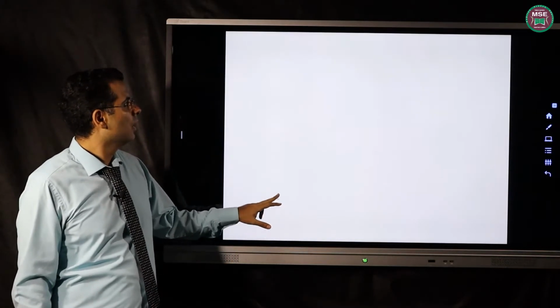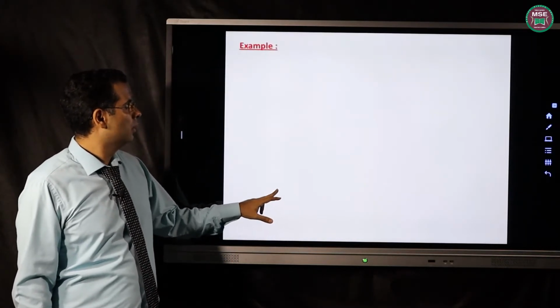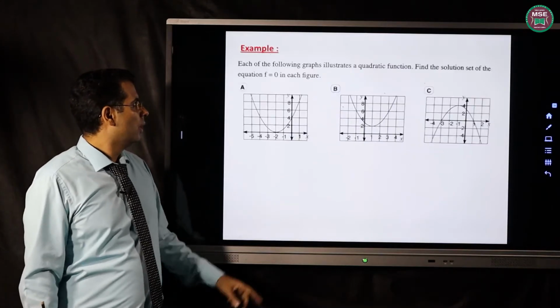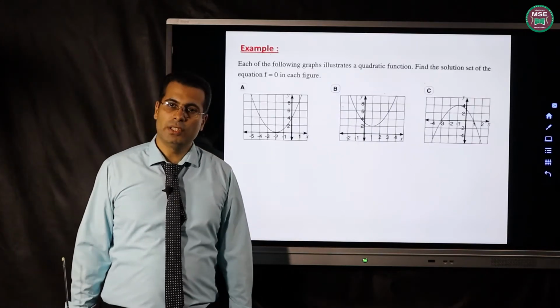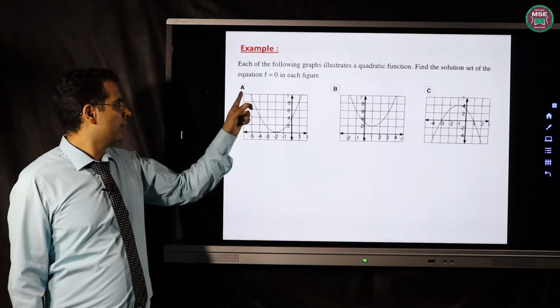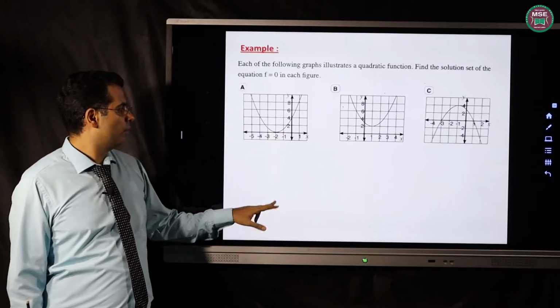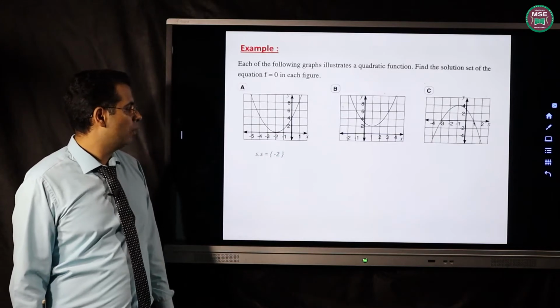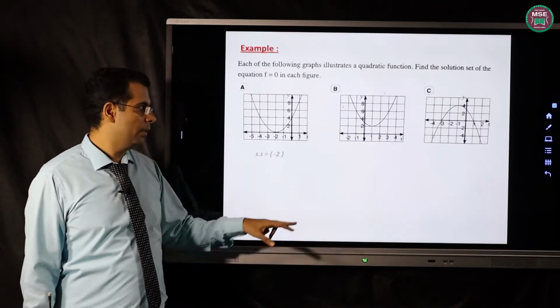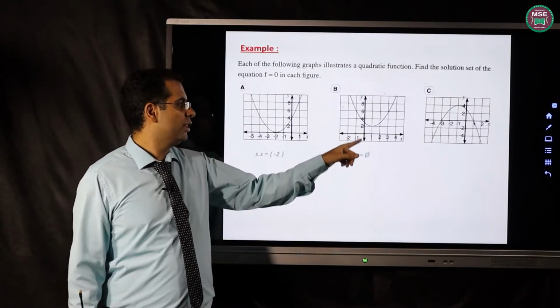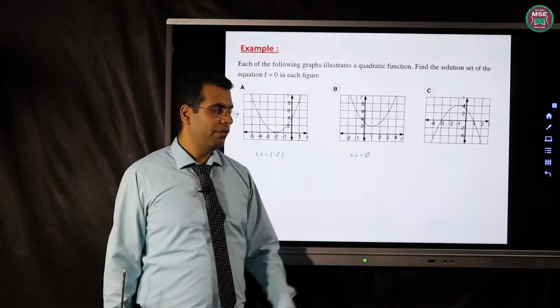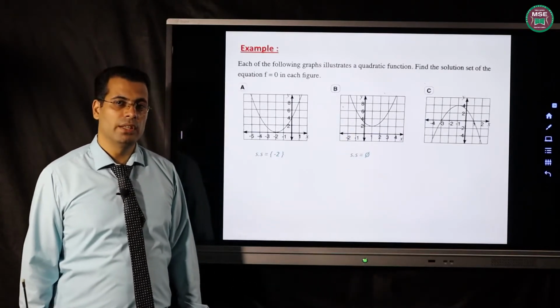Example, we want to find the solution set in each figure. Here the intersection between the curve and the x-axis is negative 2. Therefore, the solution set here equals negative 2. We have only one solution. Here we don't have any solution because we don't have an intersection between the x-axis and the curve.